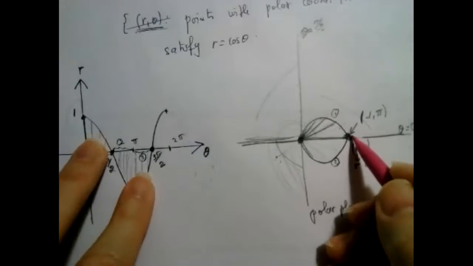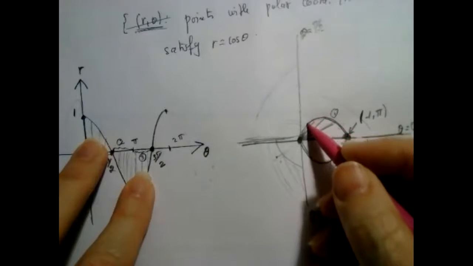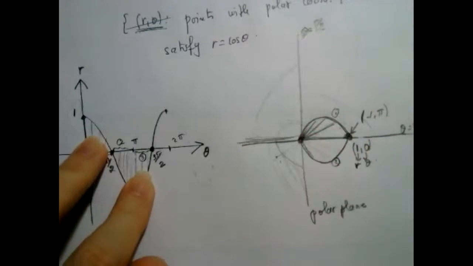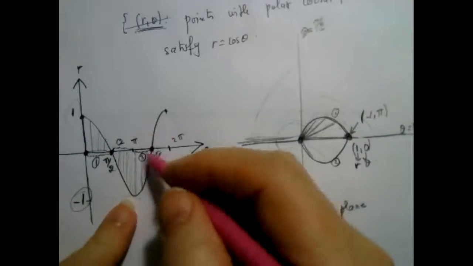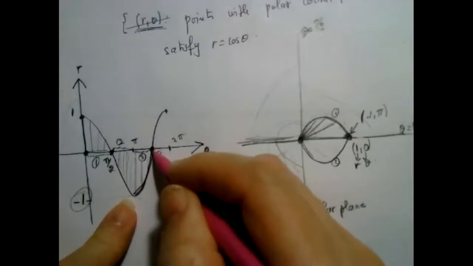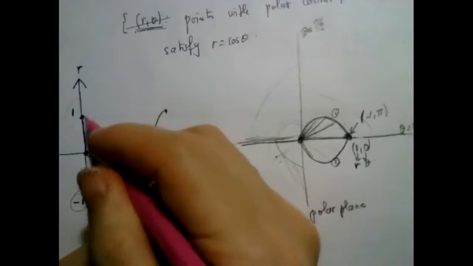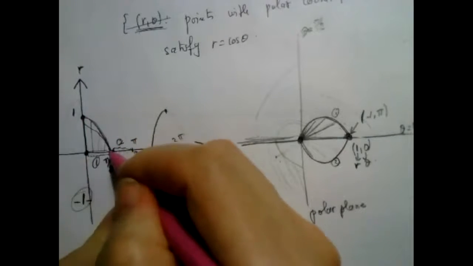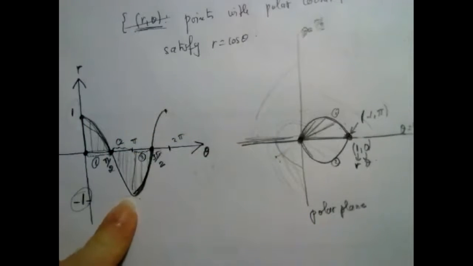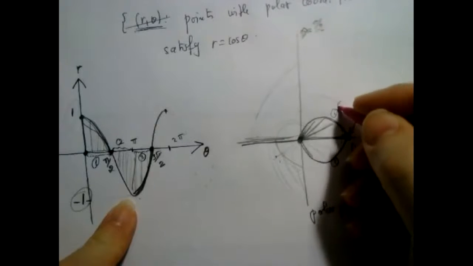Now, because of the symmetry of the graph, it is going to go over itself a second time. This piece right here and this here, basically the values of R are going to repeat themselves. So this is going to be 1 and 3.